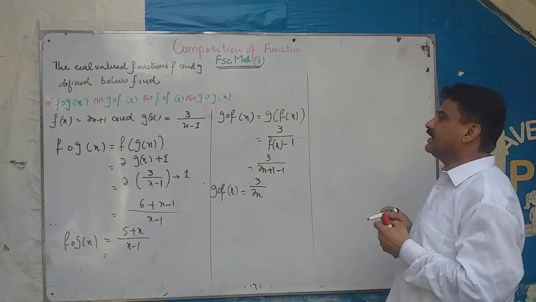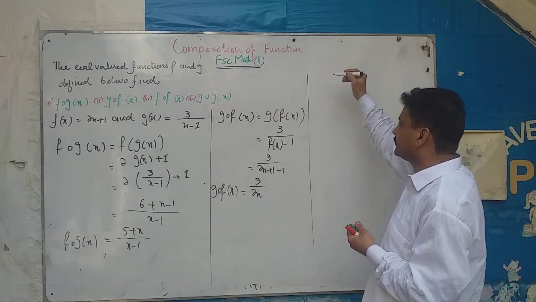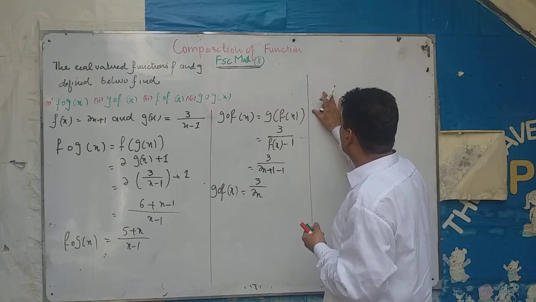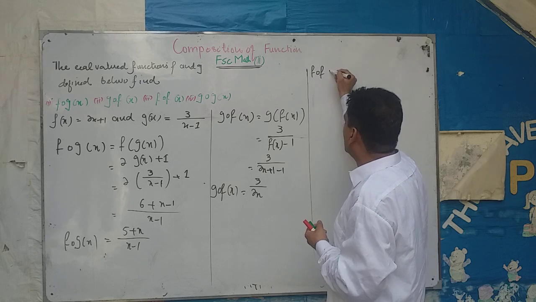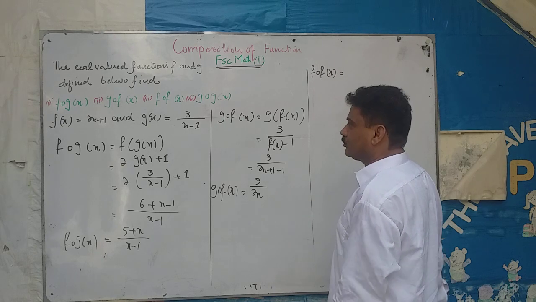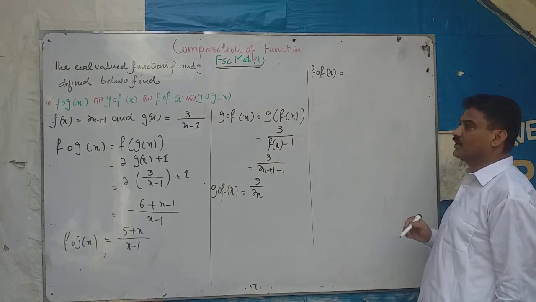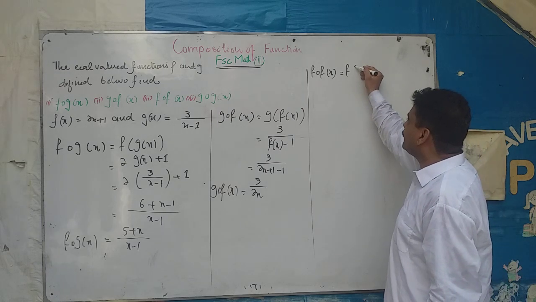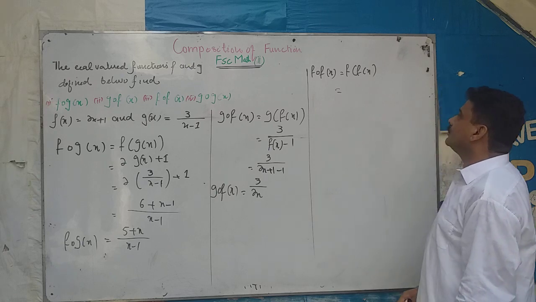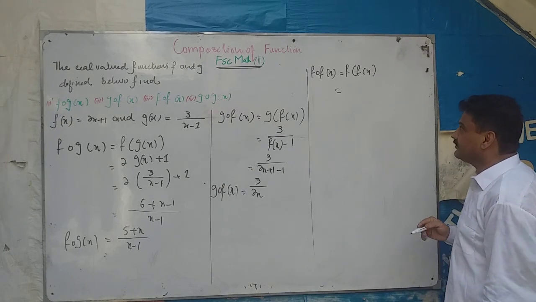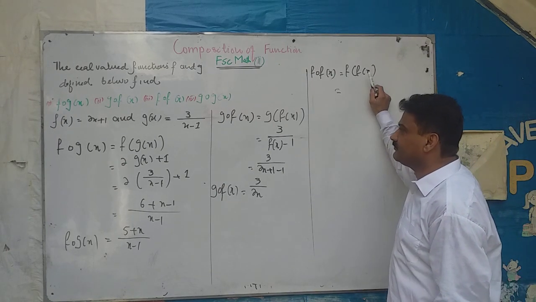We now calculate f of f of x. We now want to find f of f of x. To calculate f of f of x, we first write it as f of f of x. We now replace x by f of x in function f.